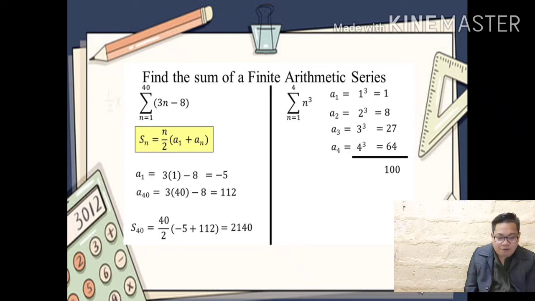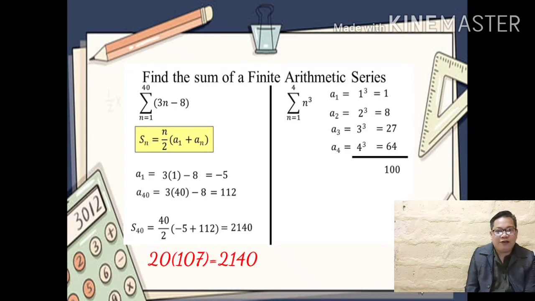So, we have 40 over 2. Ang first term natin ay negative 5, at ang last term natin is 112. So, negative 5 plus 112 is 107. Anong 40 divided by 2? So, we have 20. Then, 20 times 107 is 2,140.